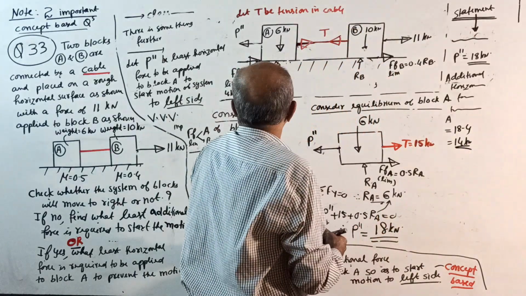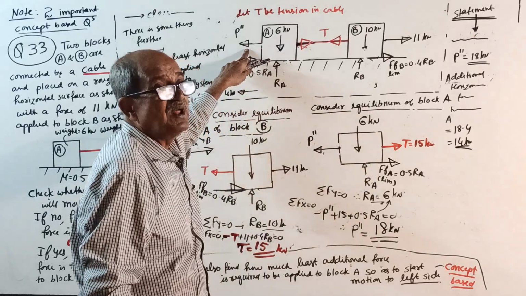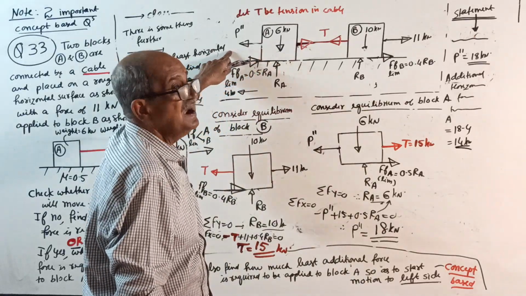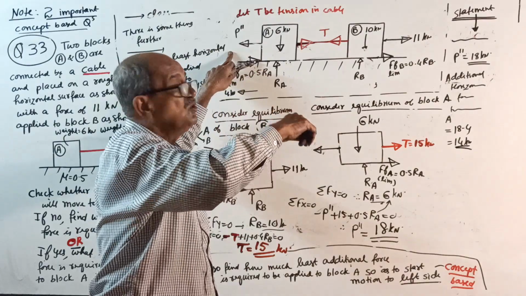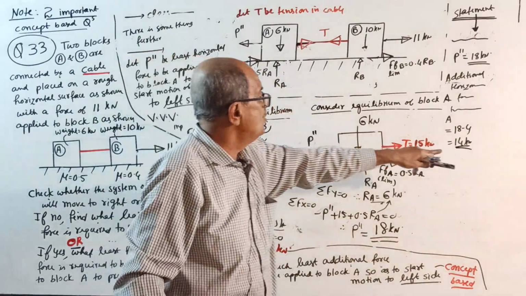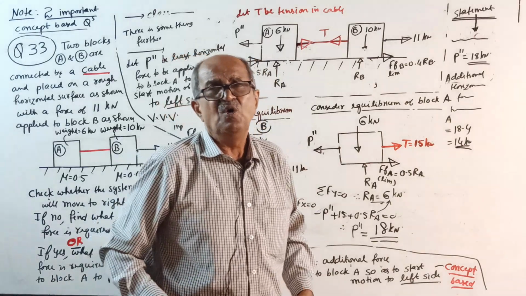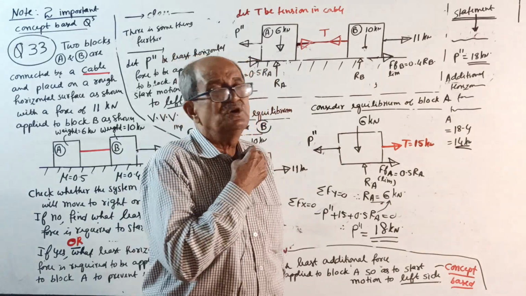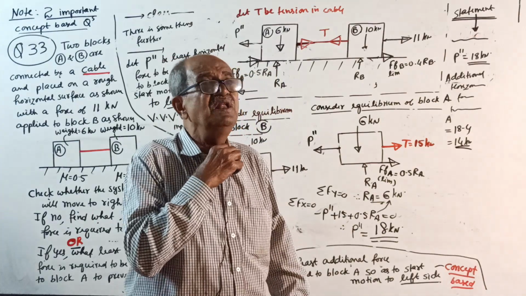Required force is 18 kilonewton, but 4 is already applied to prevent the motion to right side. So further you have to apply another 14 kilonewton. Okay. Concept should be clear. This question will make the concept fully clear for you.